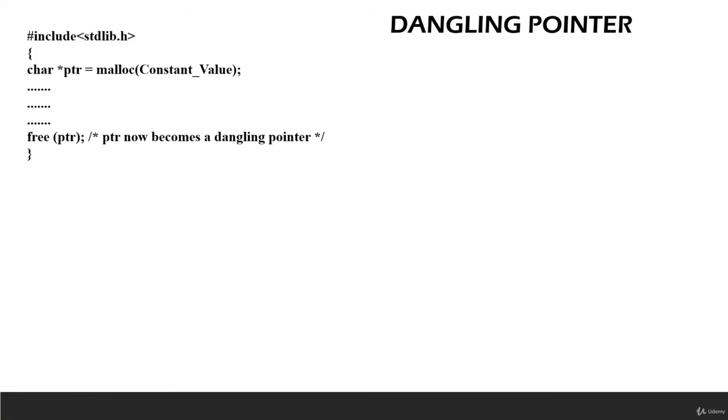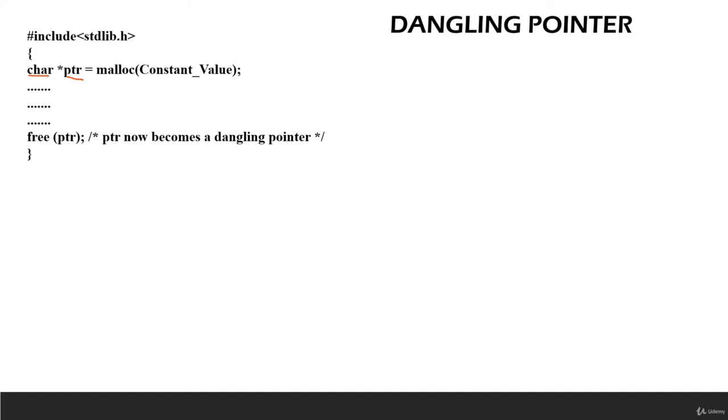Here I created a character pointer: char *pointer = malloc(const value). It means that I am allocating memory to a pointer. This pointer holds some memory where the values could be stored, where the addresses could be stored.